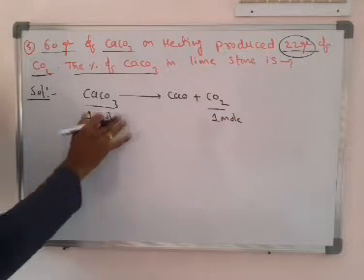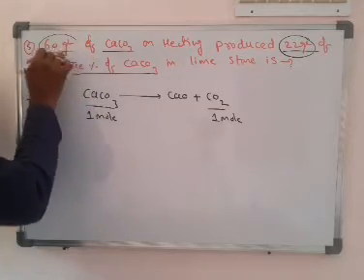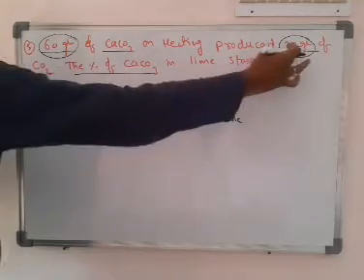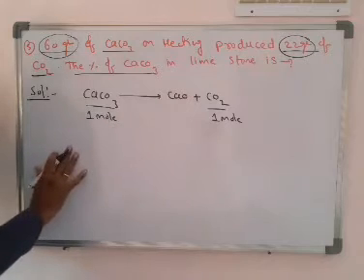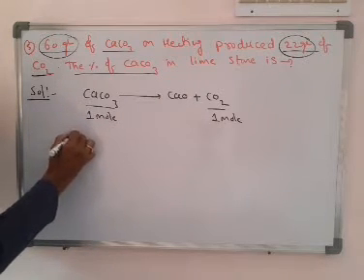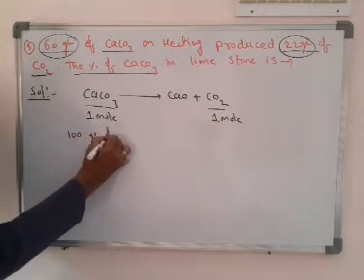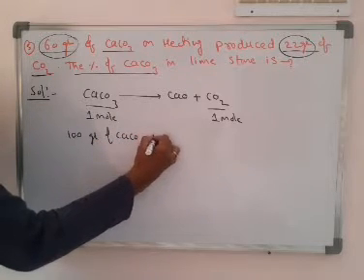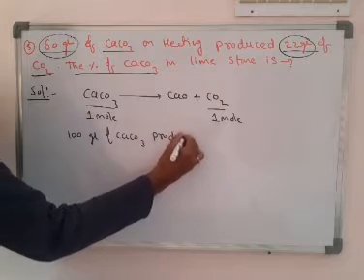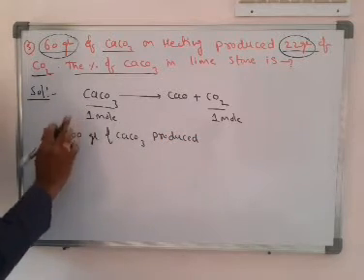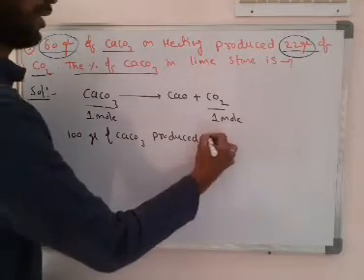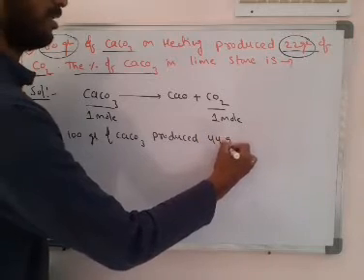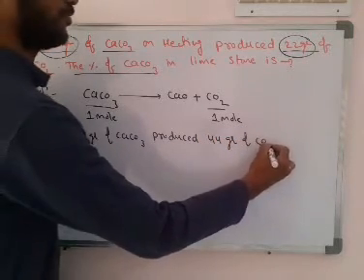Means here calcium carbonate is given in terms of grams, CO2 also in grams. So here 100 grams of calcium carbonate on heating produced, according to this equation, 1 mole carbon dioxide, means 44 grams of CO2.